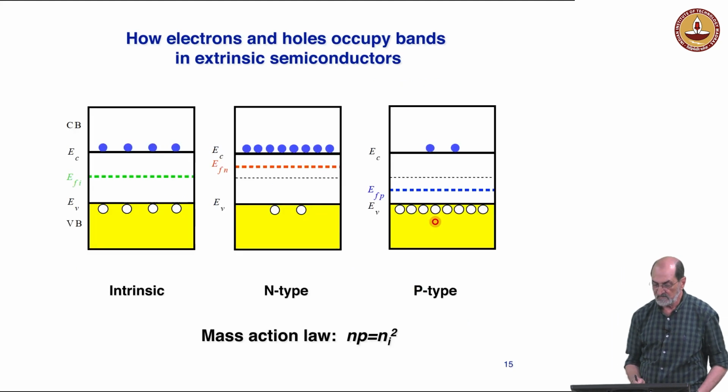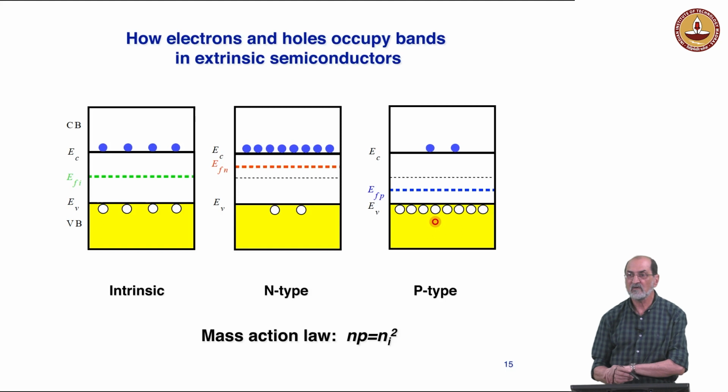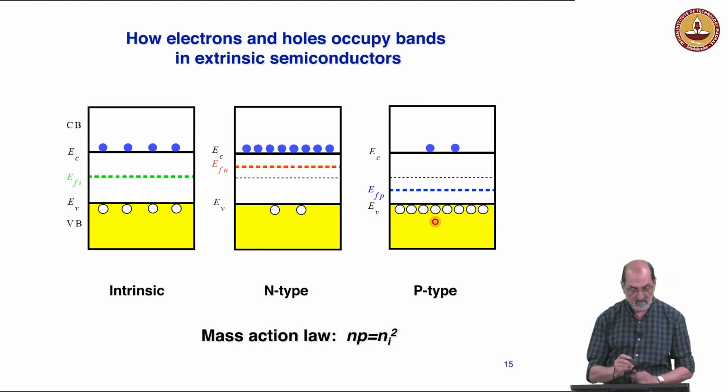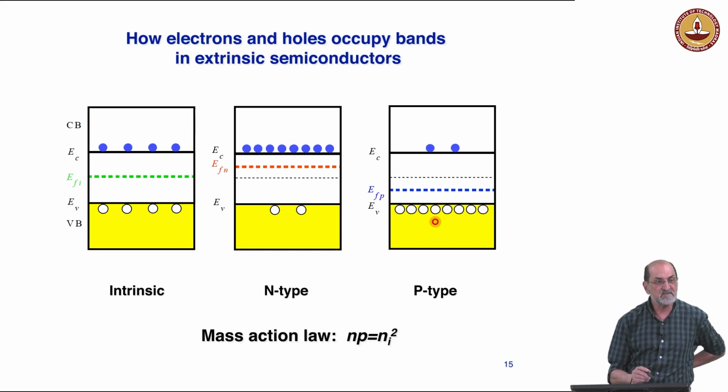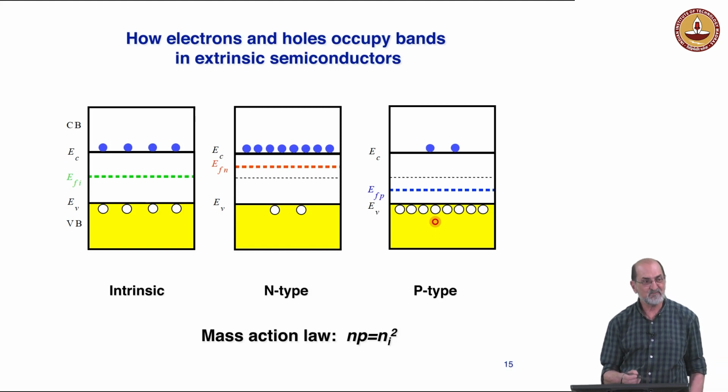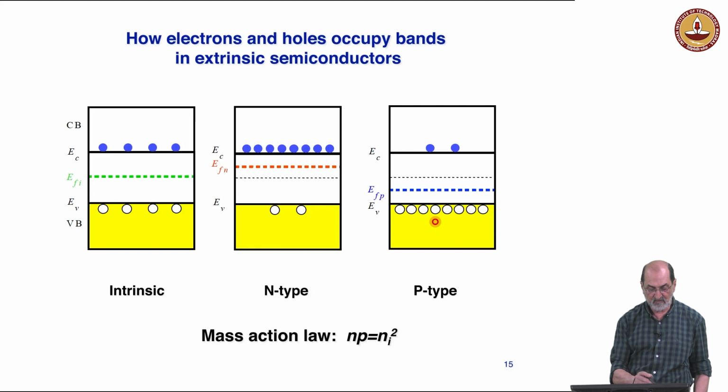Okay, so this is a picture of what was going on, of all I was commenting to you. Originally, we have an intrinsic semiconductor. I know it's an abstraction, but let's suppose we have an intrinsic semiconductor. The Fermi level was about in the middle of the gap, and we have the same number.